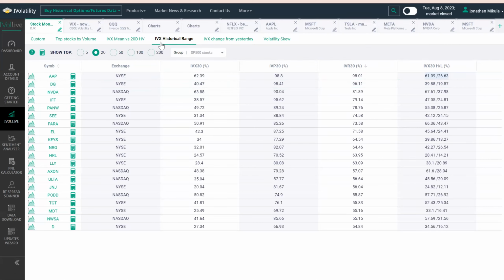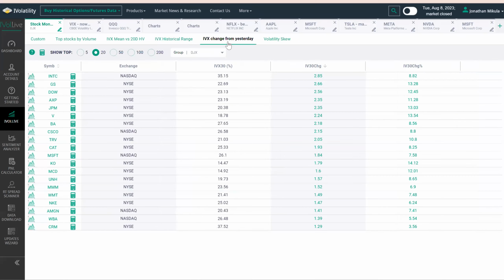And so what this scan does is it puts that all in context. It says, look, 40.47 is actually a historically high implied volatility reading for Dollar General. And that's important because each individual stock has its own volatility range and readings. And so it's important to know and put that in context. That's why this is one of my favorite scans.